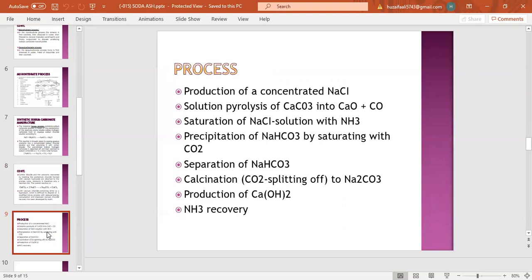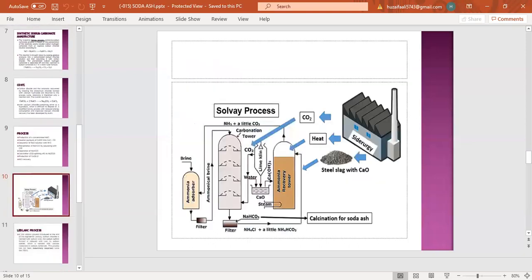Process: production of a concentrated sodium chloride solution, pyrolysis of calcium carbonate into calcium oxide plus carbon dioxide, saturation of sodium chloride solution with ammonia, precipitation of sodium hydrogen carbonate by saturating with carbon dioxide, separation of sodium hydrogen carbonate, calcination to sodium carbonate, production of calcium hydroxide, ammonia recovery. This is the working diagram of the Solvay process.